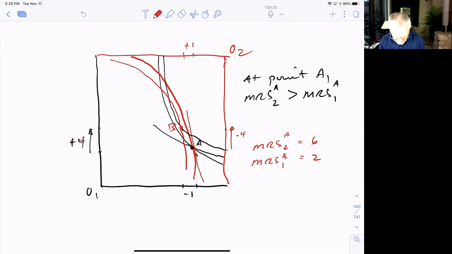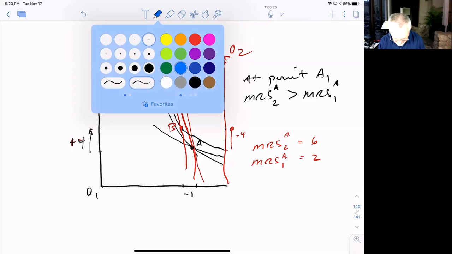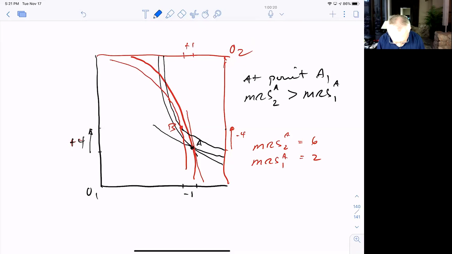Well, as you can see the way I've drawn it, the MRSs are still not equal. And in fact, there are all of these possible consumption bundles that would be available to them to trade to that would make at least one of them better off without making the other worse off.